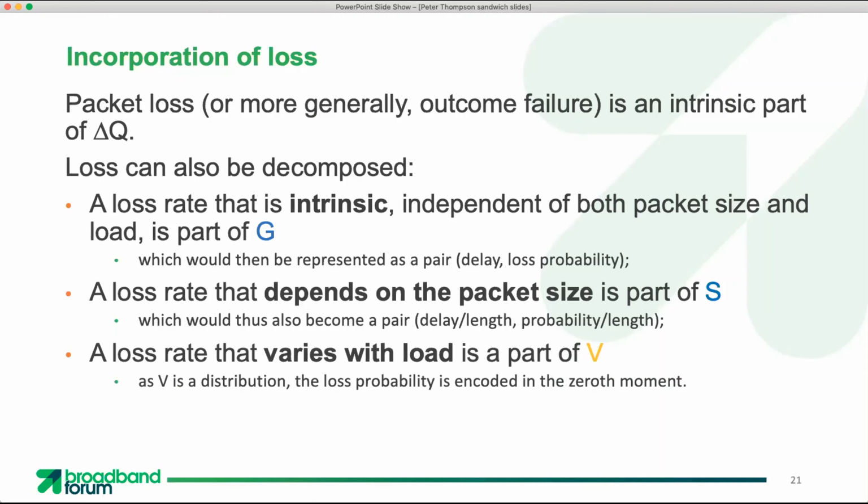And if it varies with load, it's then a part of V. Most loss in typical broadband networks is due to the sharing of resources and buffers getting overloaded. So it mostly goes into V as the tangible mass, the intangible mass of the improper random variable, also known as the 0th moment of the distribution.